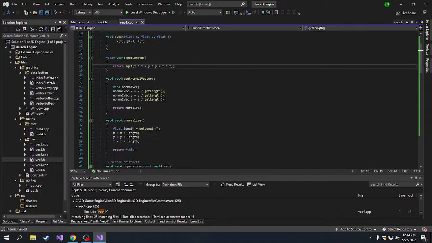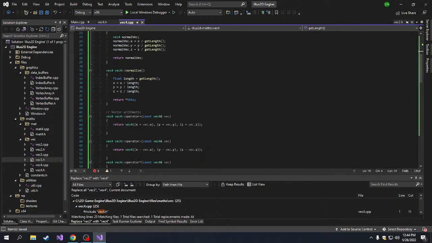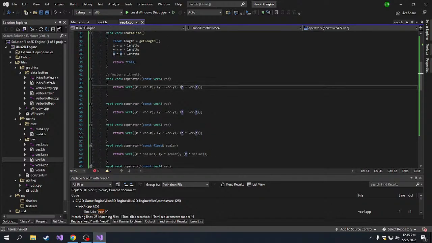That's pretty much it. So we get the length, the normal vector, and add the vector. If we add a vector, we'll probably need to add the W component as well. But what really happens when we add two vectors?